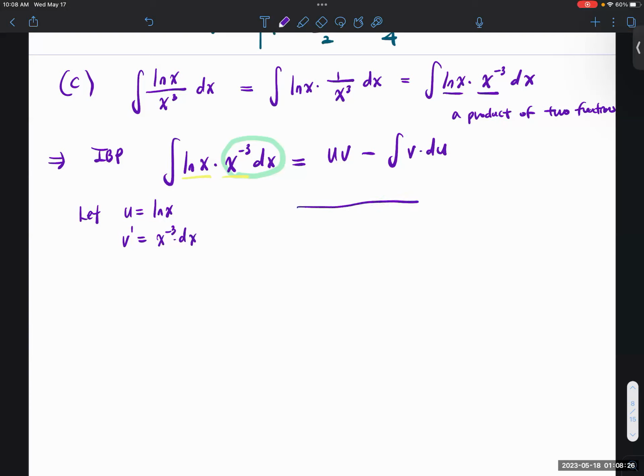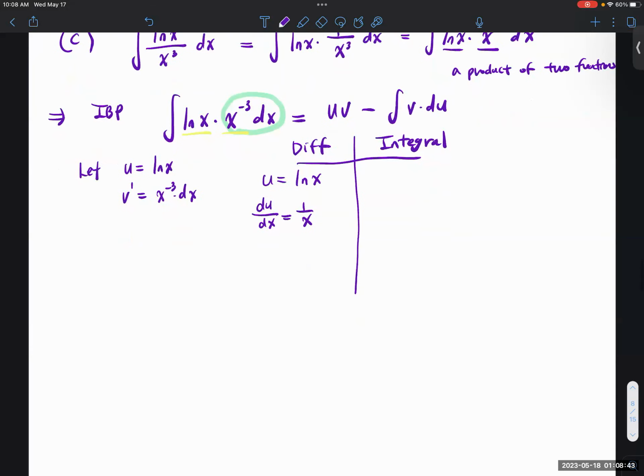So create a table. Take the differentiation of the first function, take the integral of the second function. So u equal to ln x, take the derivative, it's 1 over x. So we know du equals dx over x.